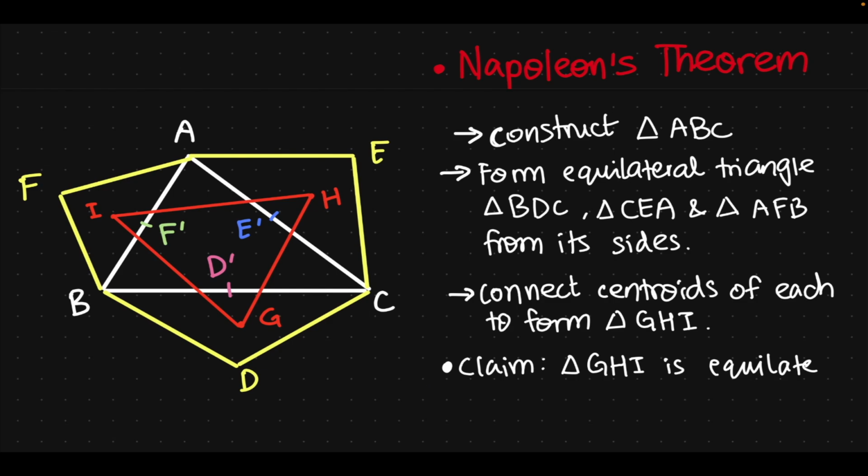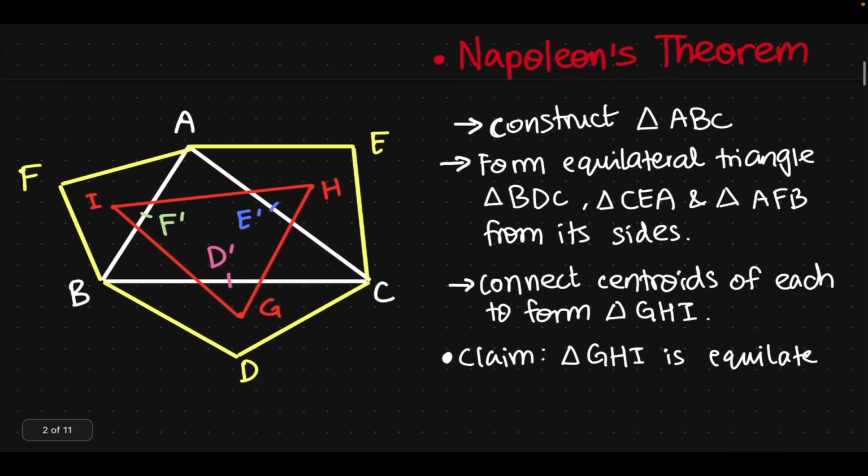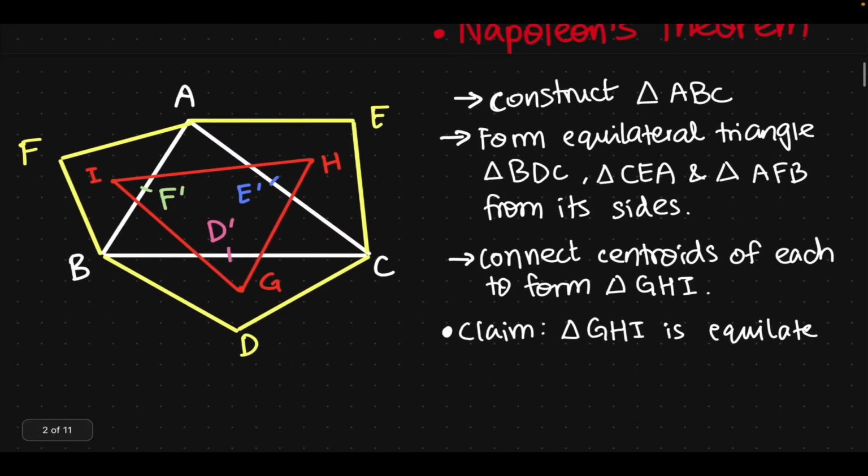It's a little more involved, I would say, than the previous two videos that I have on my channel. But nevertheless, the method will remain the same as the last video, which was Bottema's theorem. So let's get started.